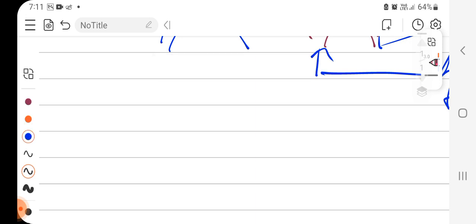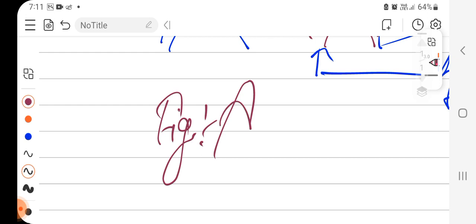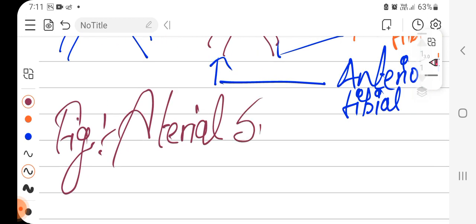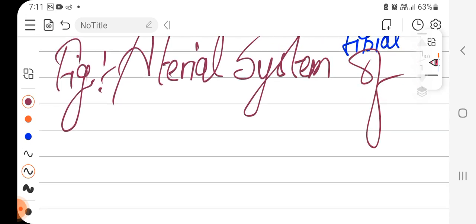At last you can write: figure of the arterial system of human.